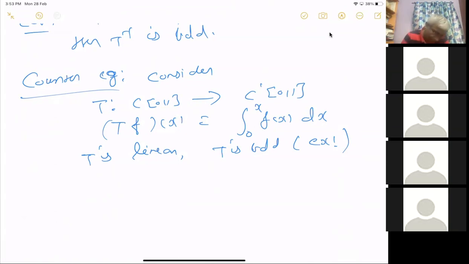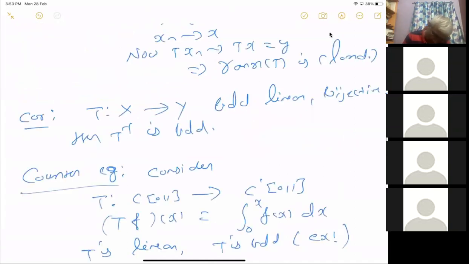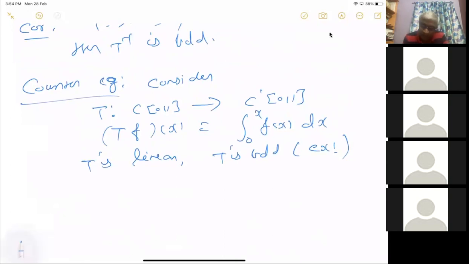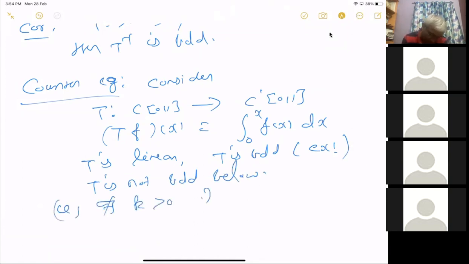If it is not an open map, then T is not bounded below. Bounded below means there exists a constant k such that the norm of Tf is greater than or equal to k times the norm of f.